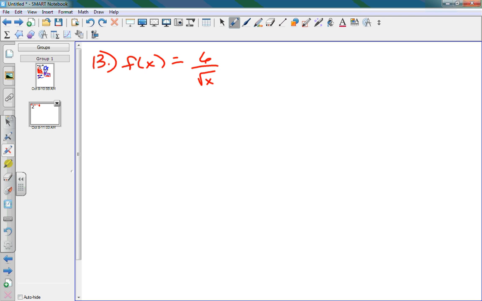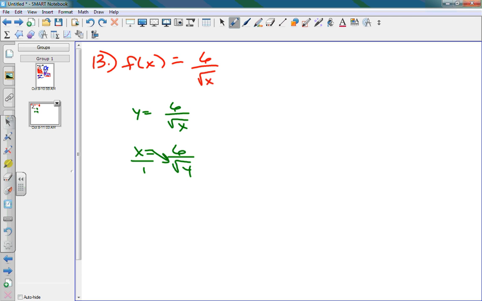Now, what it asks you to do is what? Find the inverse. Okay, so now they're saying that the inverse exists. I don't even have to check to see if it passes the horizontal line test, correct? They're saying it does exist. So what I'm going to do immediately is I'm going to turn f of x into y. Now what do I do? So x is equal to 6 over the square root of y. I'm going to cross multiply.